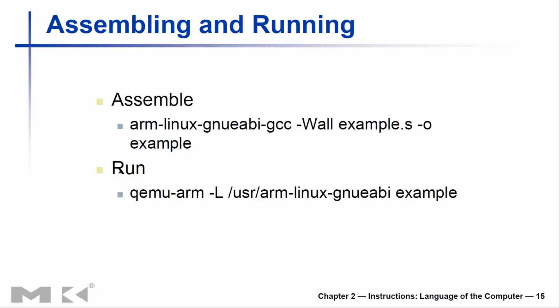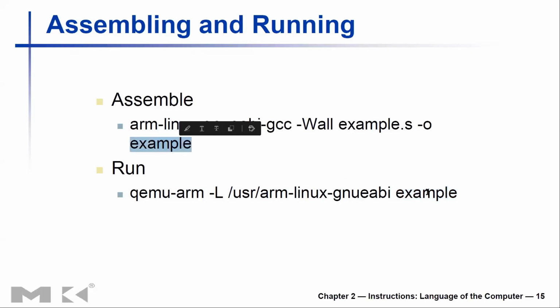And now you have the compiled ARM machine code, and you need to run it on an ARM processor, but you don't have an ARM processor with you, so you have to use an emulator. In this course we are using the QEMU-ARM emulator, and to run it you can use this command, qemu-arm, with the -L option pointing to arm-linux-gnueabi. Then you specify the binary that you generated with the cross compiler.